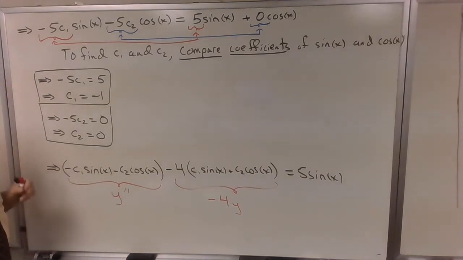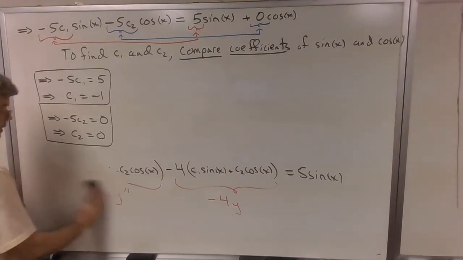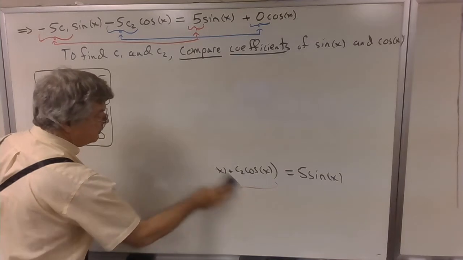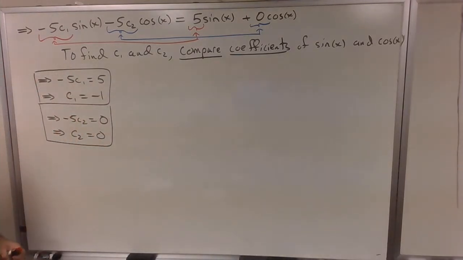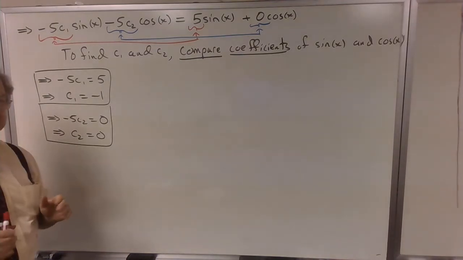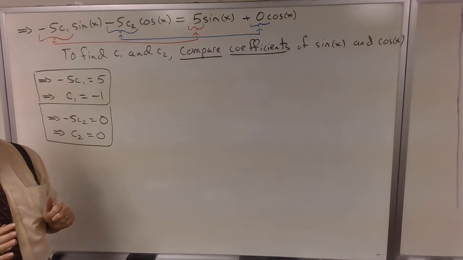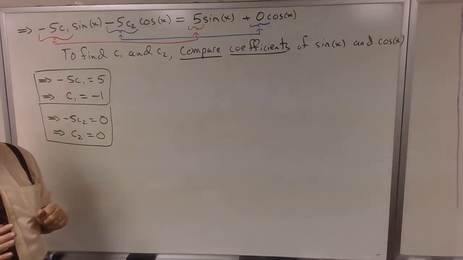And this is a great example because it shows us that we have nothing to worry about assuming that the solution is a linear combination of sines and cosines.